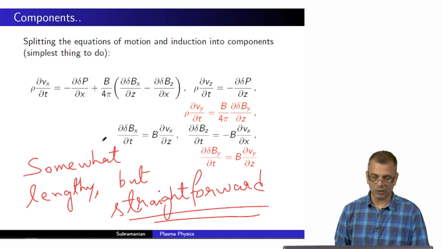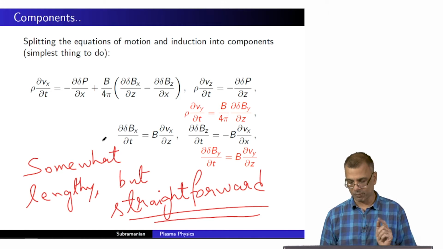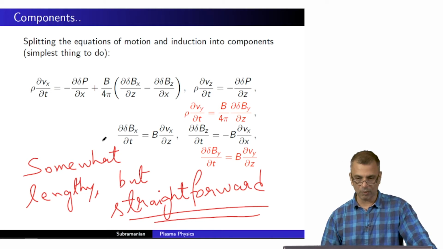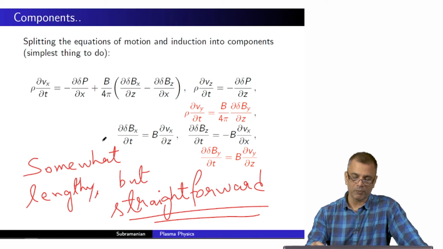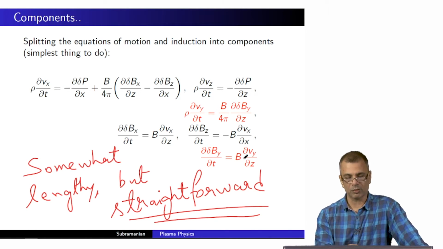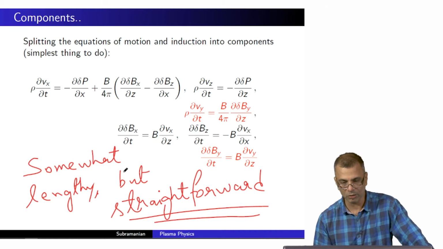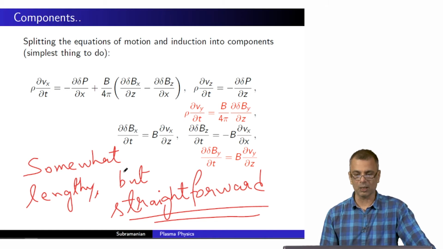That is all. So it's somewhat lengthy but straightforward really, as I commented last time. It is really no big issue to write down these three equations in component form.